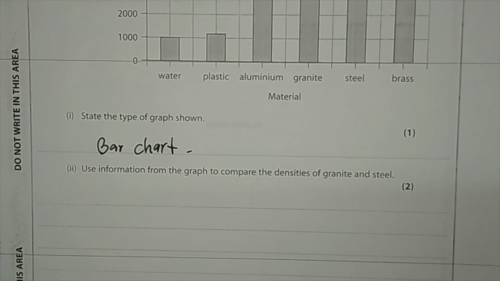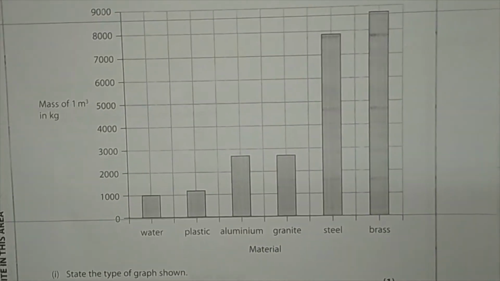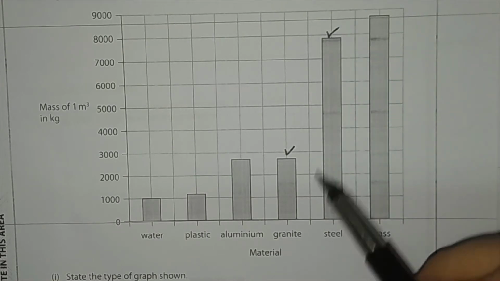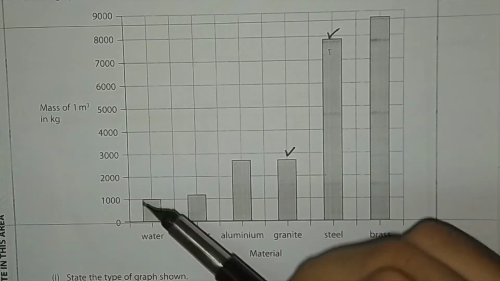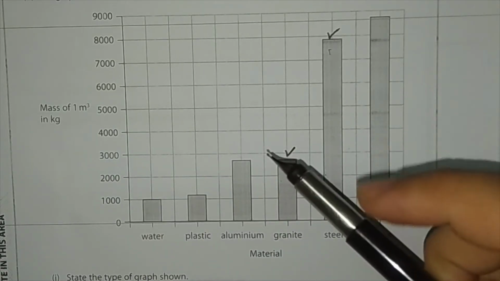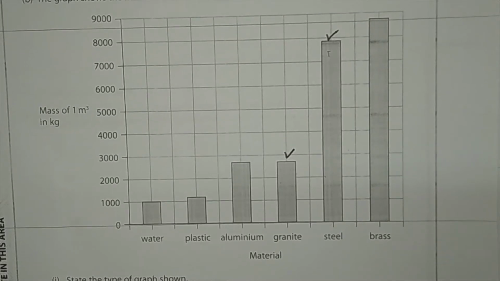Use information from the graph to compare the densities of granite and steel. So this is granite, here we have steel. So you know volume, both of them is 1 meter cubed, but the mass of granite is lower than that of steel. They're just telling you to compare the densities and not say how.